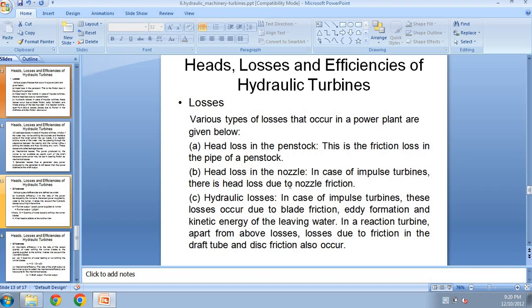Now if you consider losses, these are the losses we observe in the penstock and the elements in those turbines.